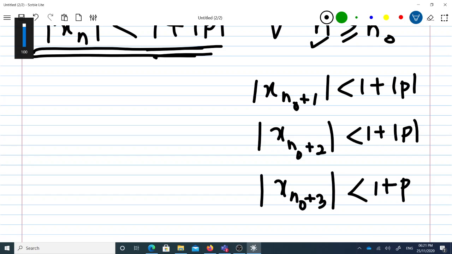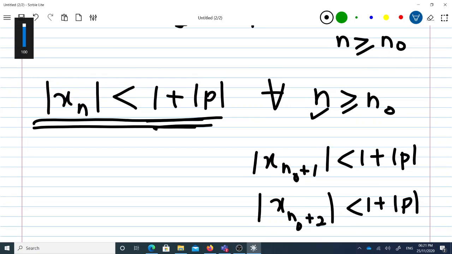So which natural numbers does this inequality cover? It covers all the natural numbers which are above n naught. It cannot guarantee the natural numbers which are below n naught. So what are the natural numbers before n naught? 1, 2, 3, 4 up to n naught minus 1. These natural numbers are not guaranteed by this.